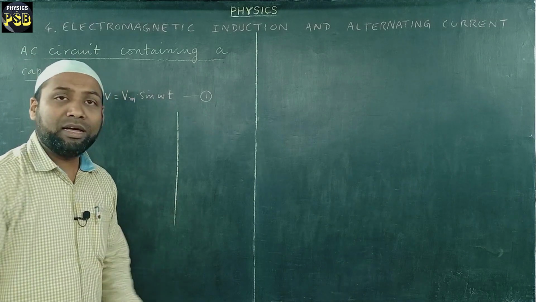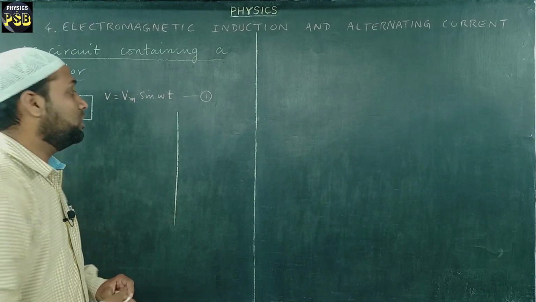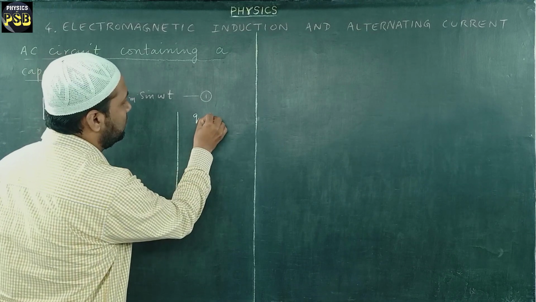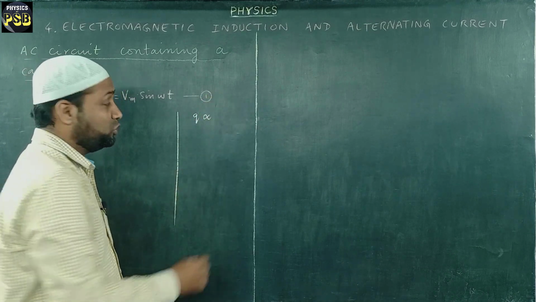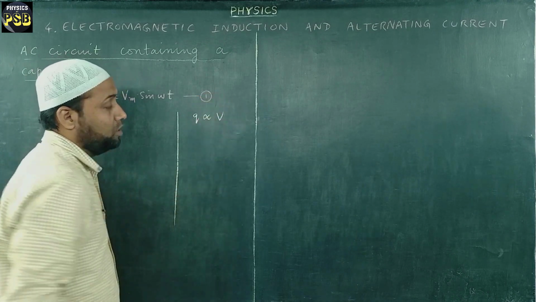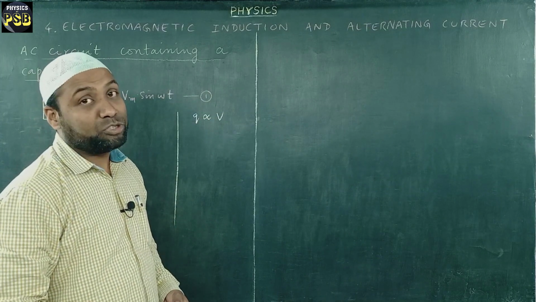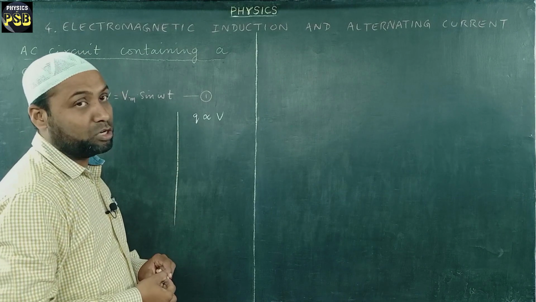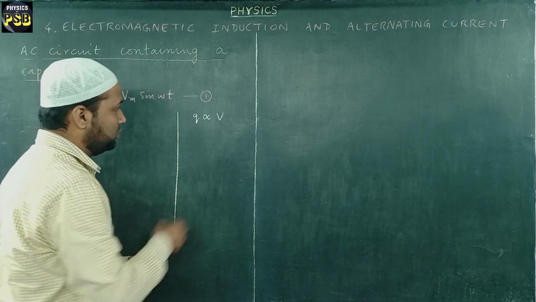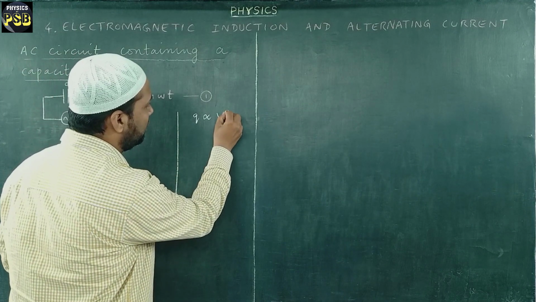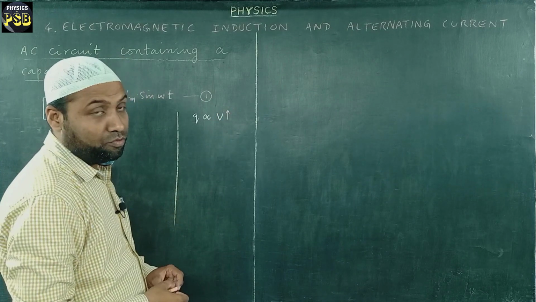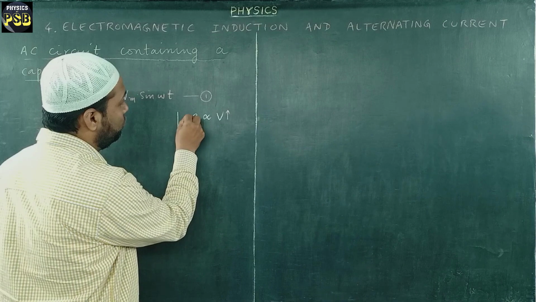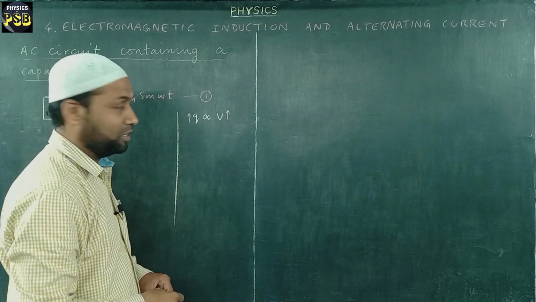As we provide charge to the capacitor, with increase in charge, the voltage in the capacitor increases. So we can say Q is directly proportional to V. This clearly shows that as the Q value increases, the V value will also increase.